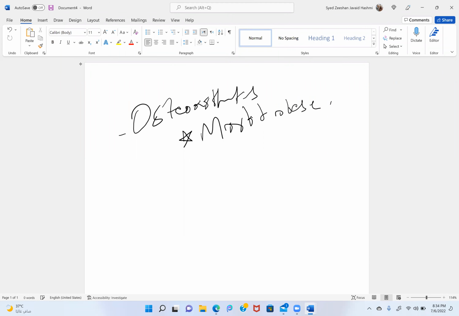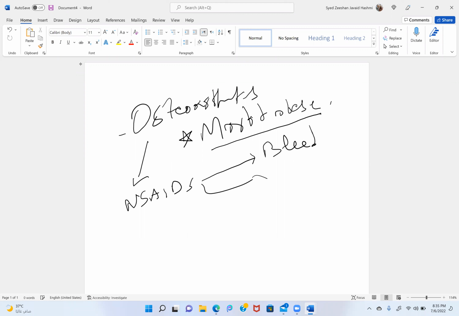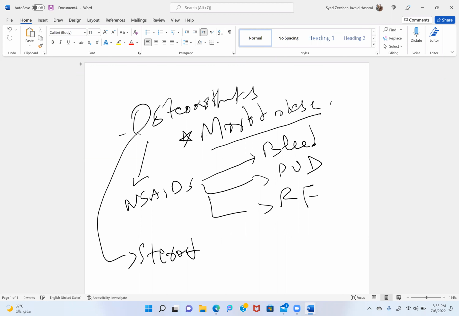Then they may be taking NSAIDs, so NSAID-related bleeding, peptic ulcer disease, renal failure. Then the patients can be on steroids, so all the concerns related to steroids, like salt and water retention.